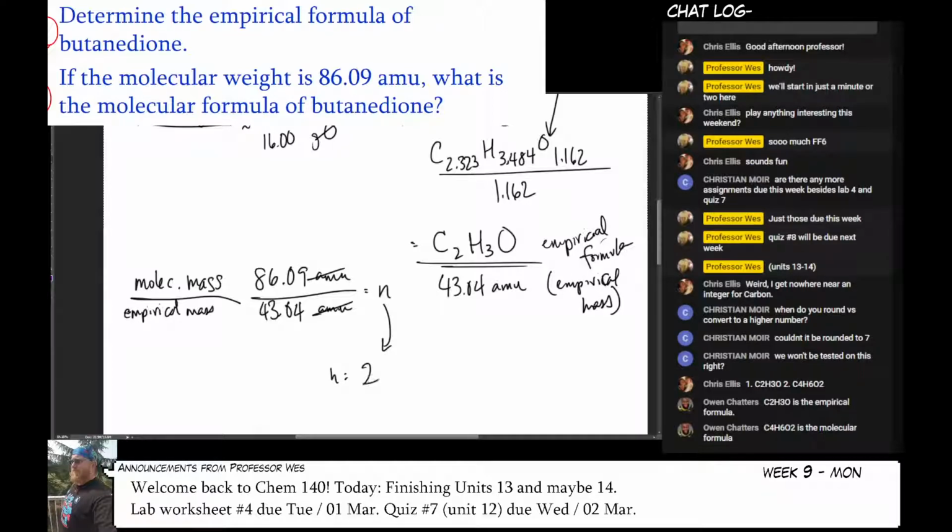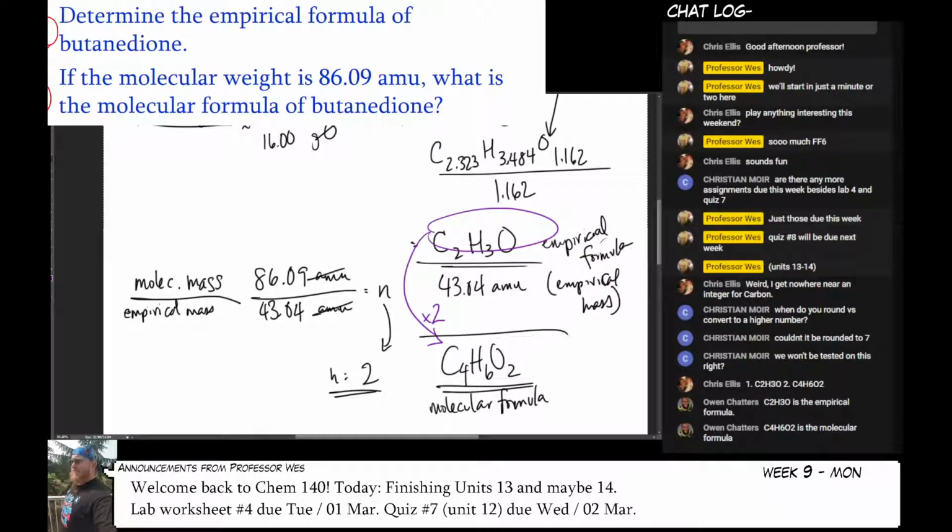When I do that, I get n equals 2. So I'm going to take my formula I just had. We're going to multiply it by 2. And there's the molecular formula. All right, very good.